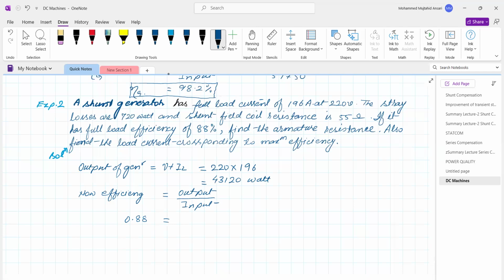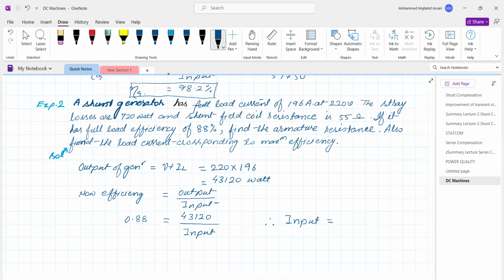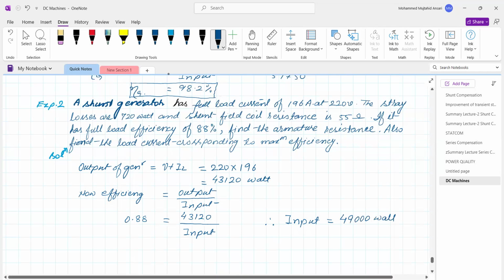Output we know is 43,120, the output of the generator, divided by input. Therefore, input is equal to 43,120 divided by 0.88. So it comes to 49,000 watt. So this is the input of the generator.